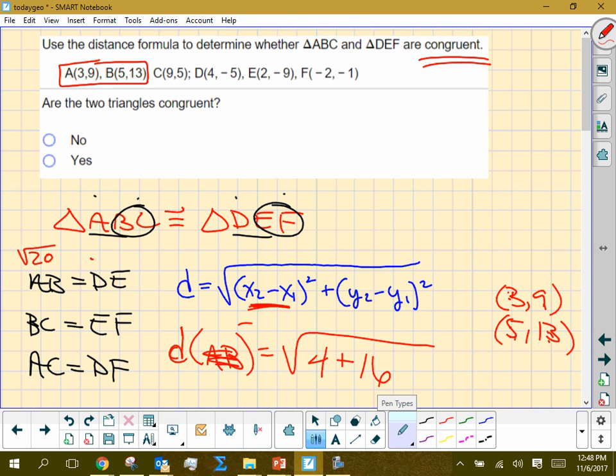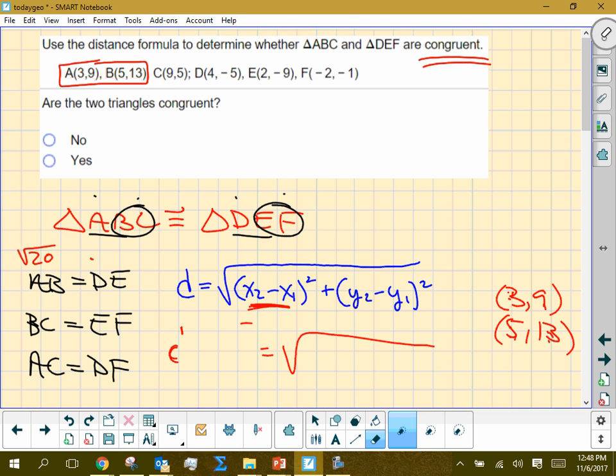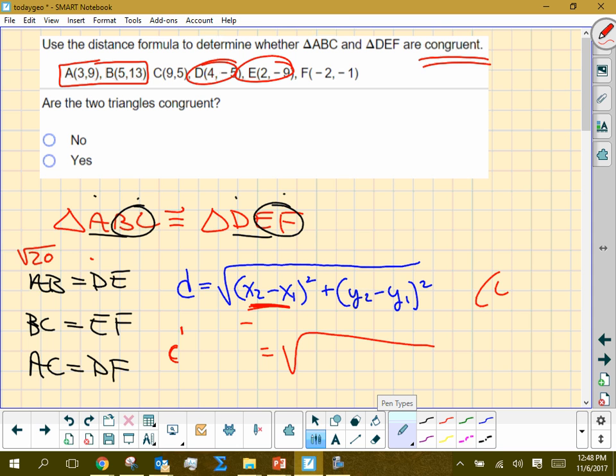So now let's do DE. So we'll go 4, -5, and 2, -9. Okay, so this is distance D to E. Subtract your x's.